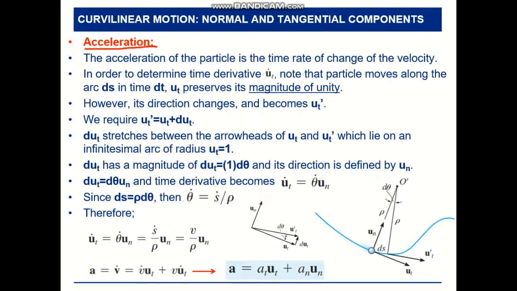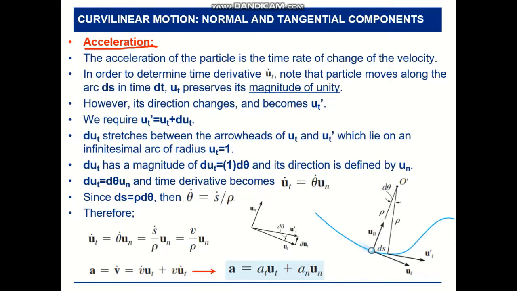Then ut preserves its magnitude of unity, however its direction changes and becomes u prime t, the unit vector of tangential plus dut, the infinitesimal change.